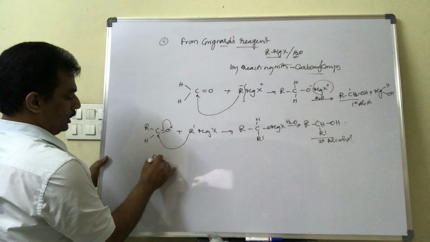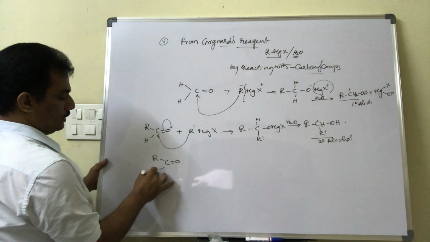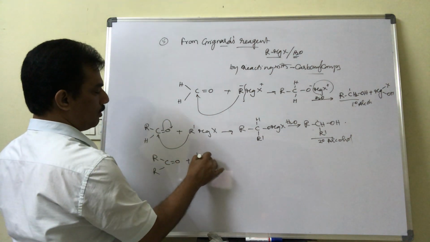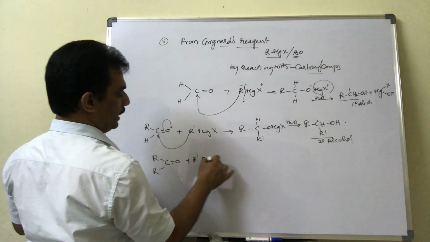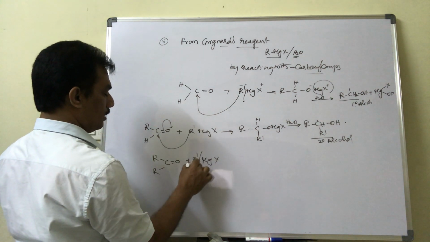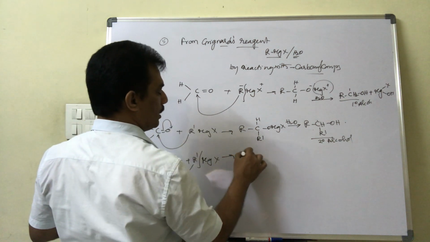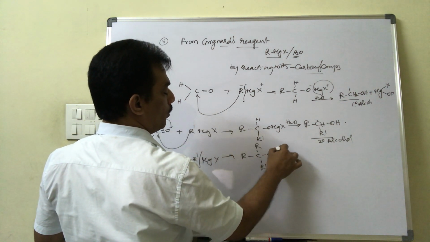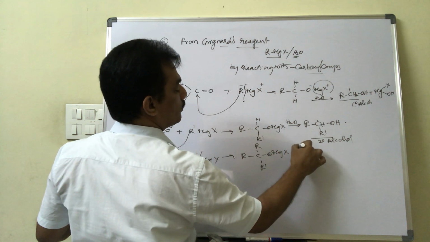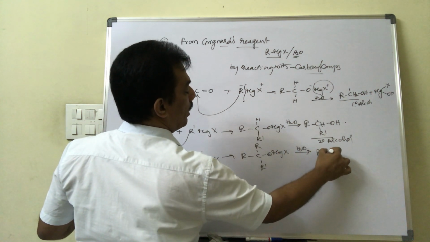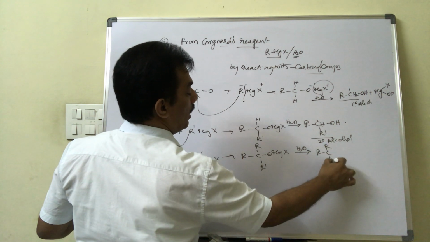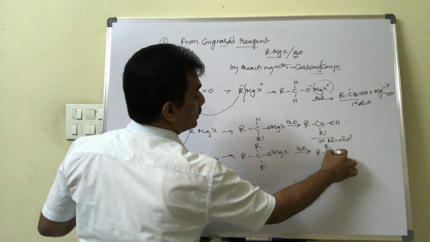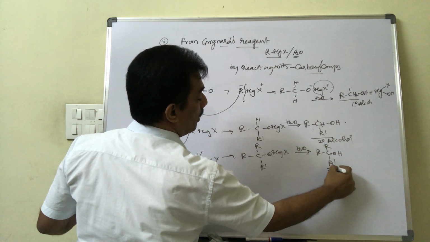And then ketones, this is here R bar MgX, again it is attacking on carbon, forming R bar O MgX, treated with water, forming R bar OH. This is tertiary alcohol.